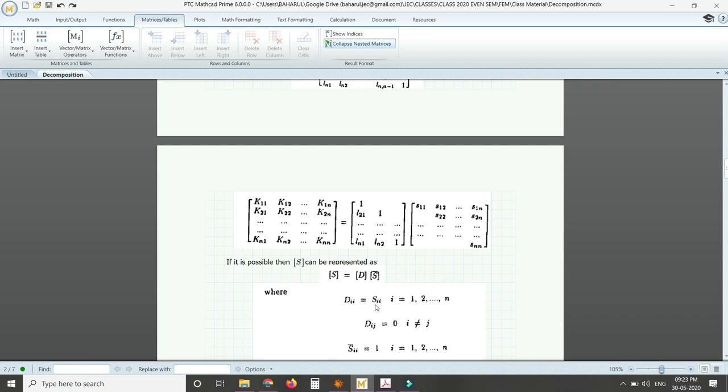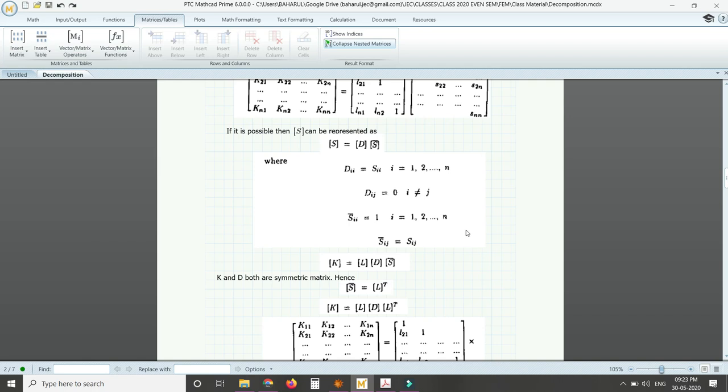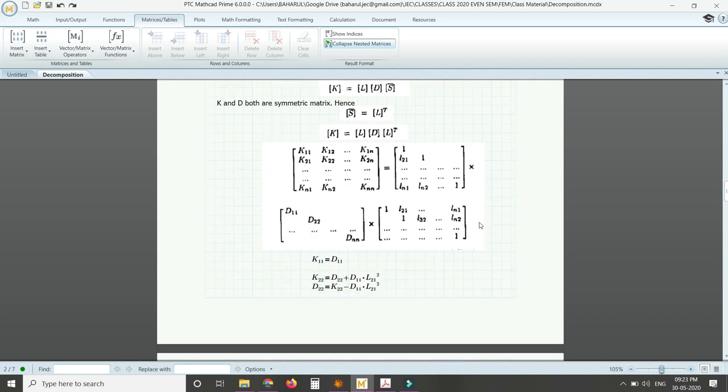That means D11 is equal to S11, D22 is equal to S22, S33 is equal to D33. Okay, and the S bar will have 1 1 1 on its diagonal and these terms will be there. You will understand when you look into it.